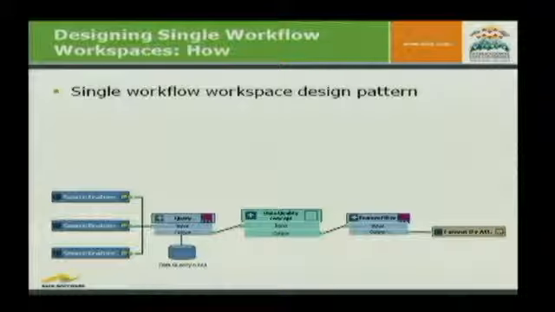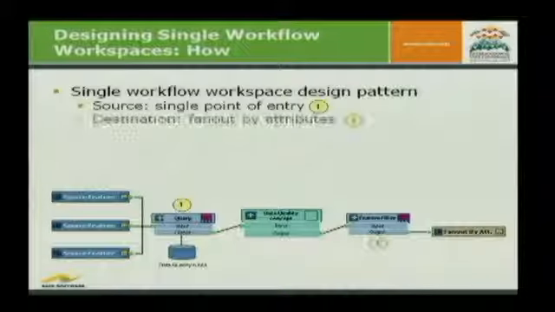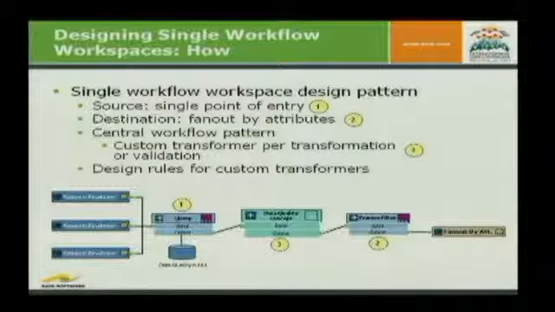So the idea was to have one single entry for all the sources, and for the destination, to use the fan out and use a filter to get the output. And in the central workflow pattern, the idea is that for one task, we want to develop one custom transformer.